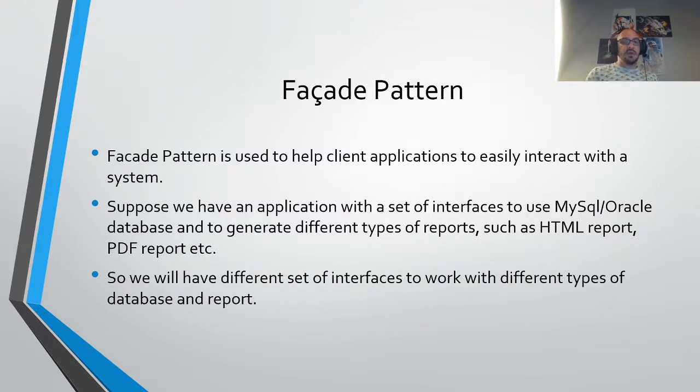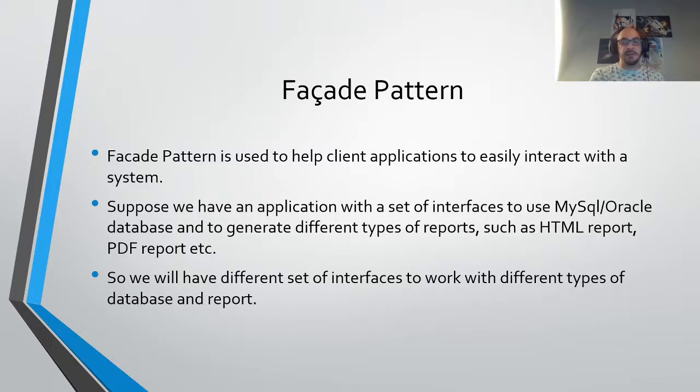So to understand this a little bit better, let's imagine this example. I warn you straight away that this example is unnecessarily overcomplicated, but that's the whole point: when you have a system that is more complicated and you're trying to simplify it a little bit using a facade. So suppose this system has two types of database.